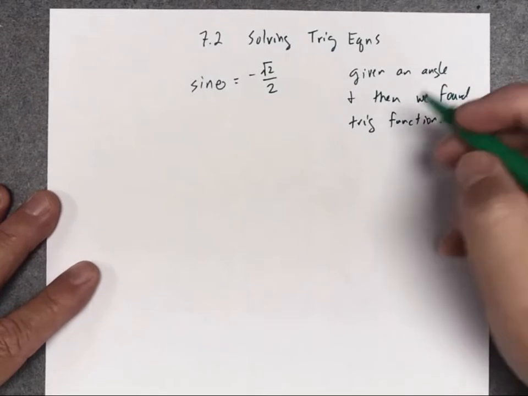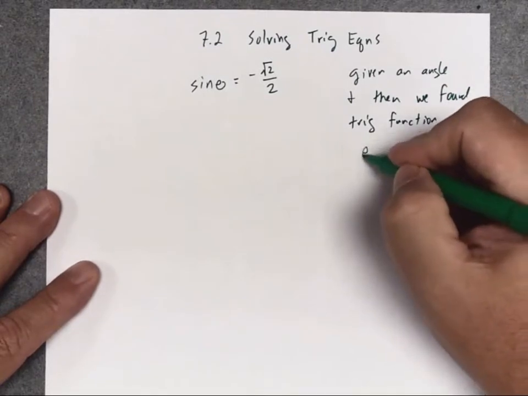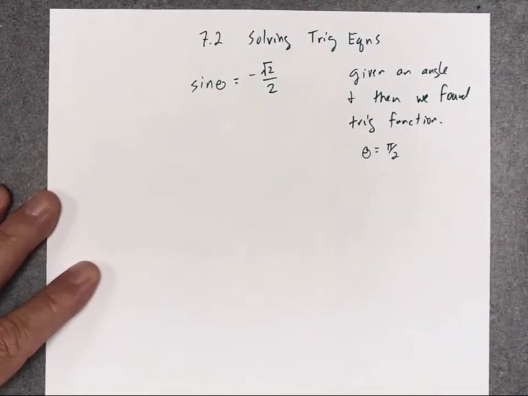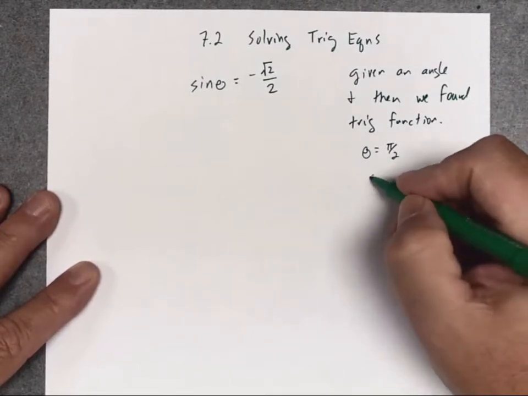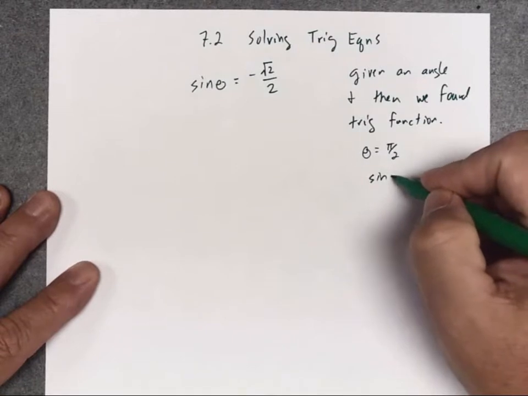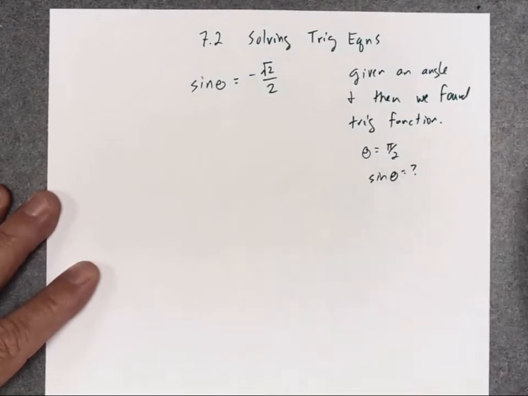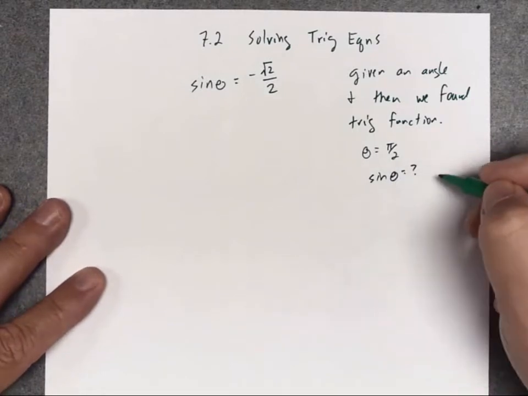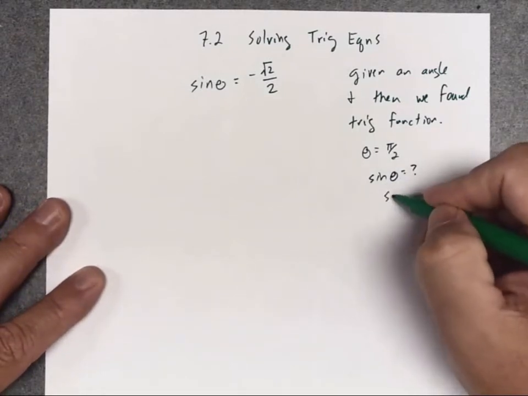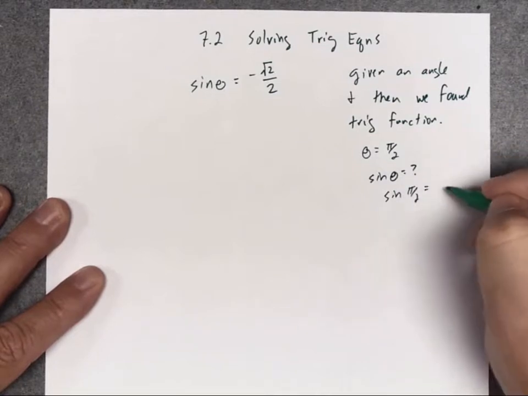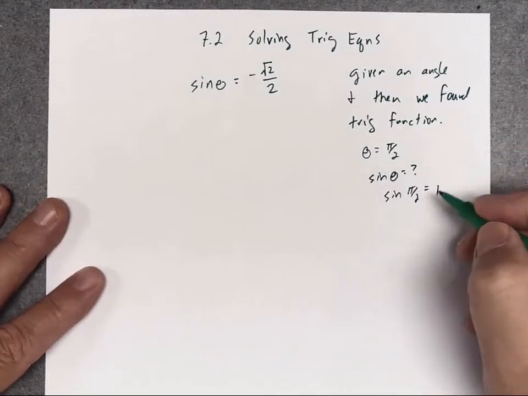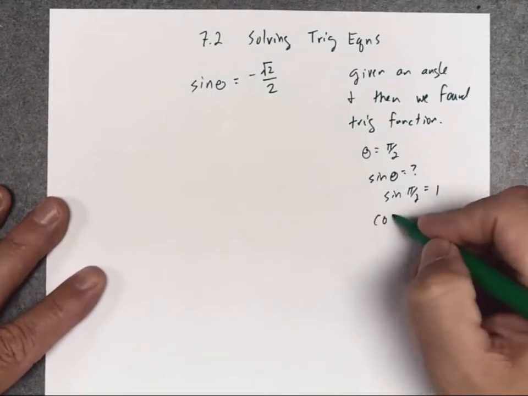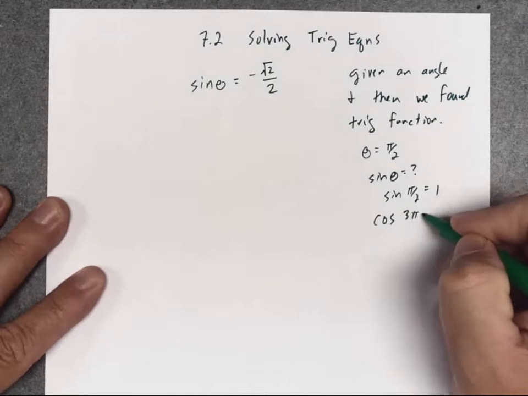In other words, we were told the angle is pi over 2, and we were told what is sine of theta. Well, we know that sine of pi over 2 is 1.